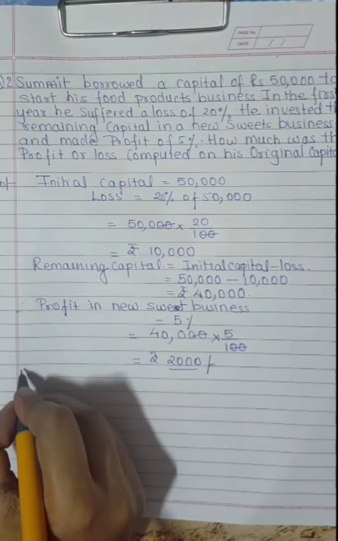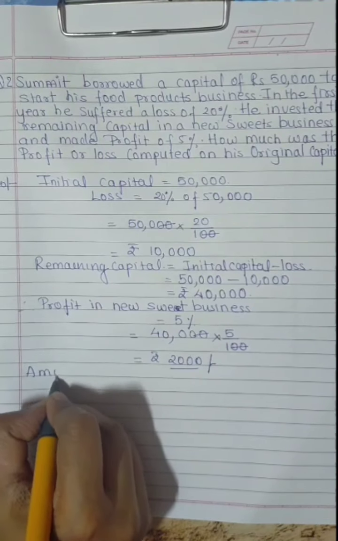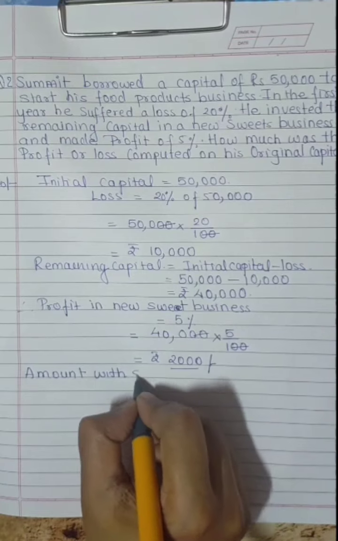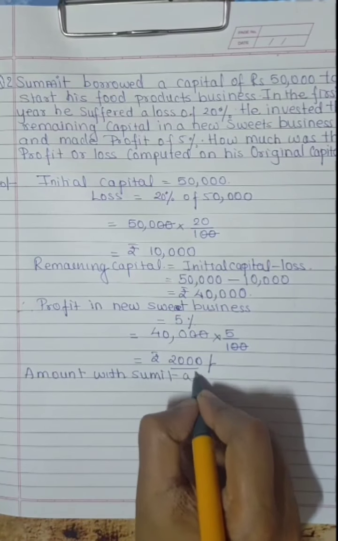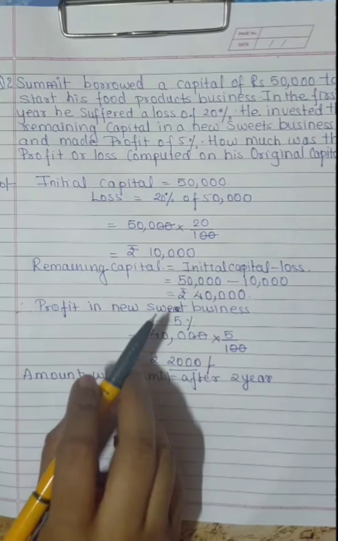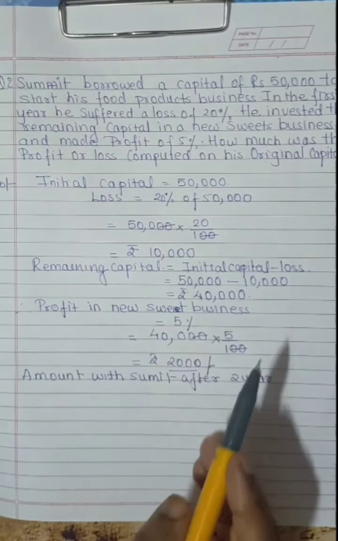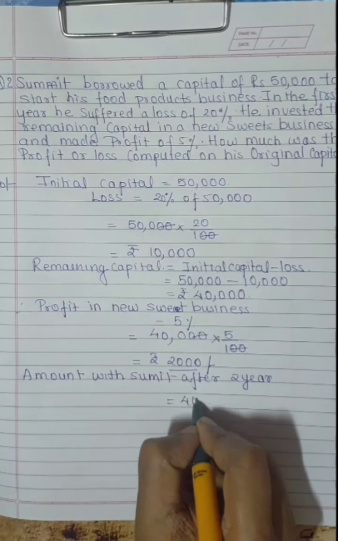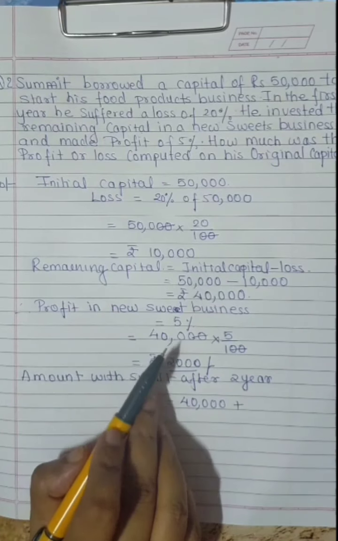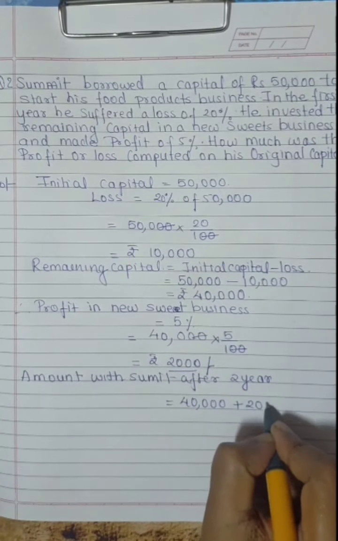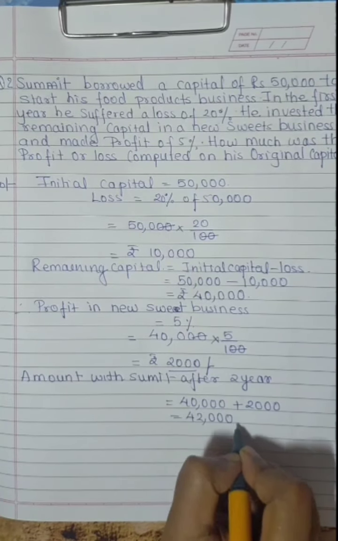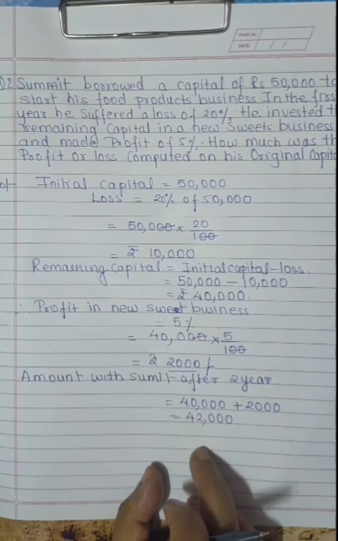Now the amount with Sumit after 2 years. First, initial capital after loss he got rupees 40,000 and profit of 5%, that is 2,000, total 42,000, the amount of Sumit after 2 years.